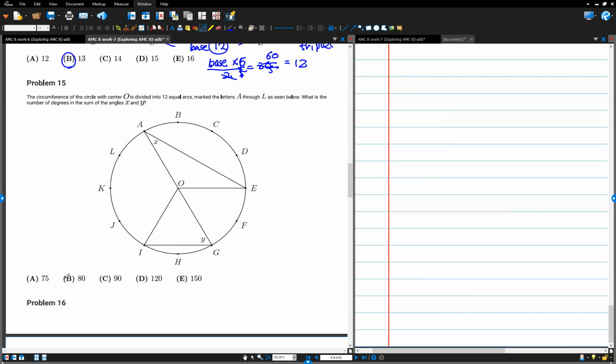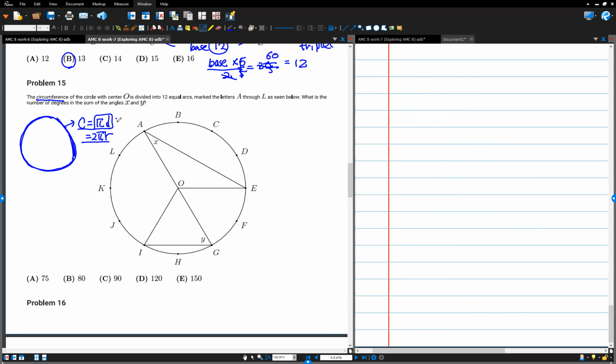Do you know what the circumference is? Circumference is the length of this circle, the length of this entire arc. Circumference is pi times diameter, or since the diameter is 2r, 2 times pi times the radius, 2 pi r.